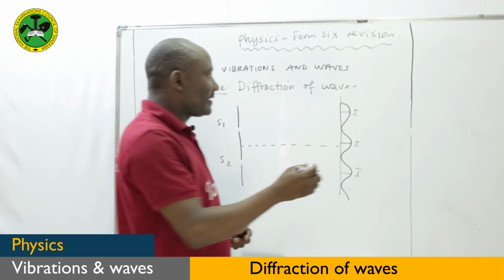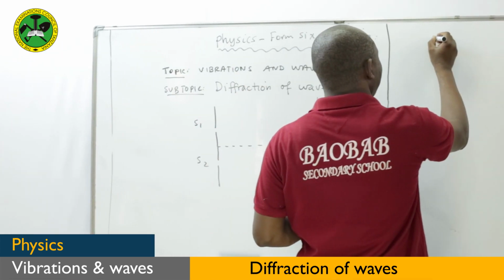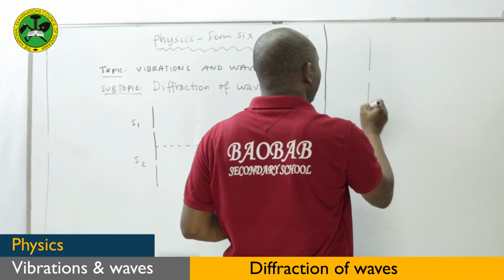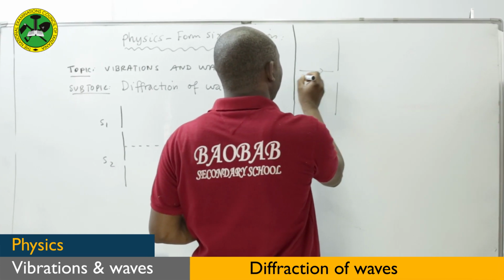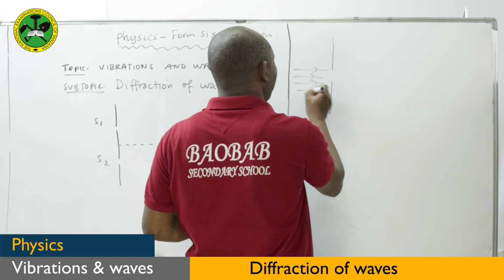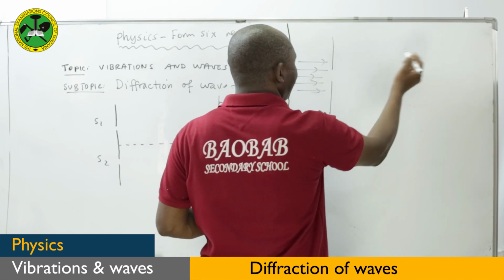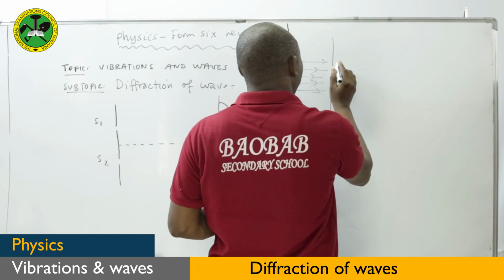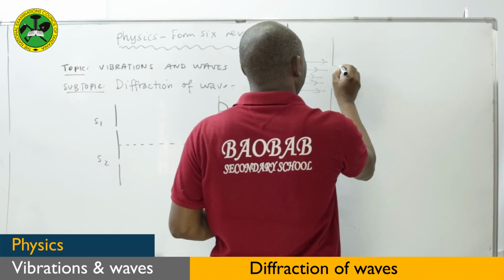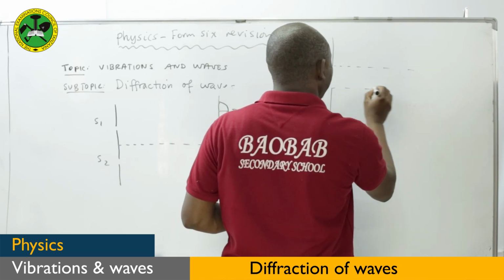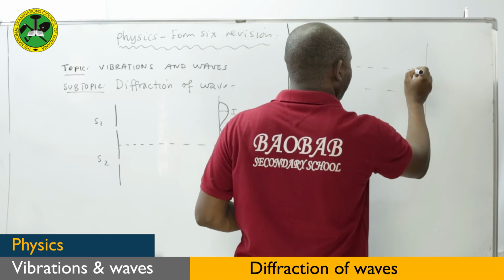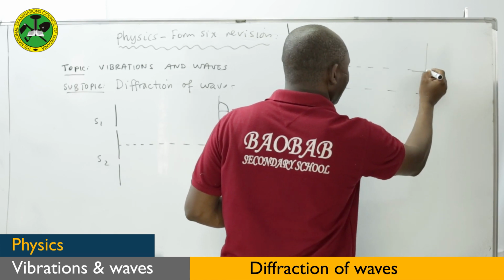But for diffraction, when you have an object, an opening, an obstacle here, and this is the size of the opening, and the screen, you can see the image is formed here.